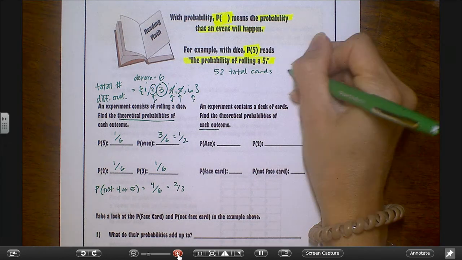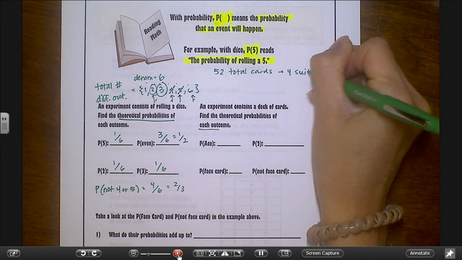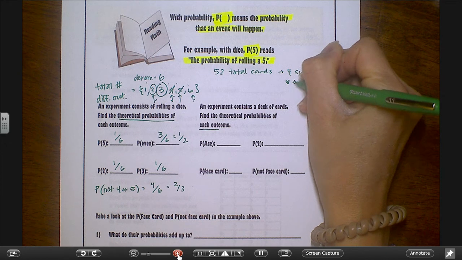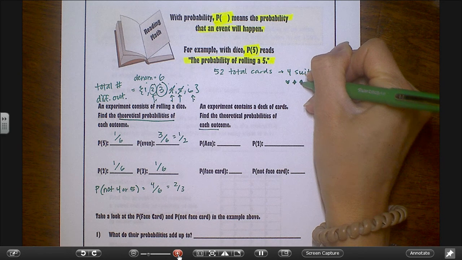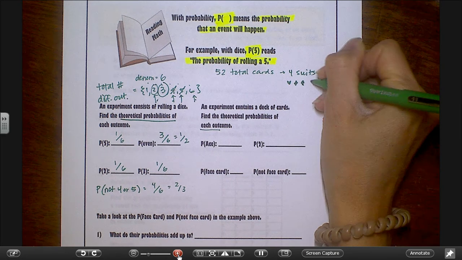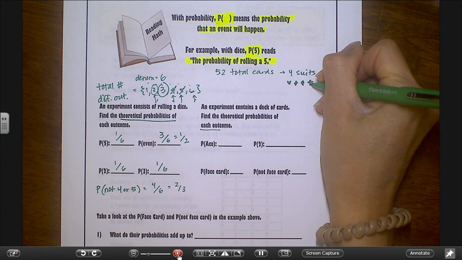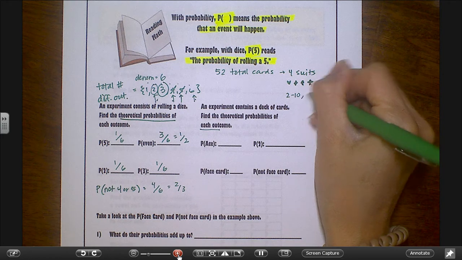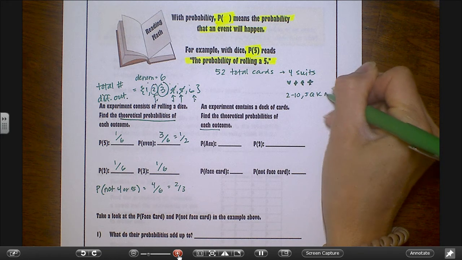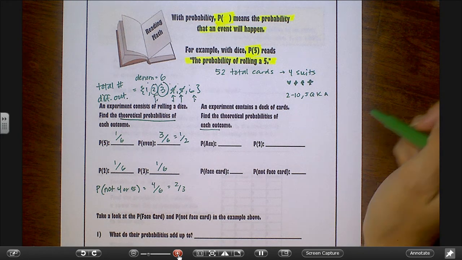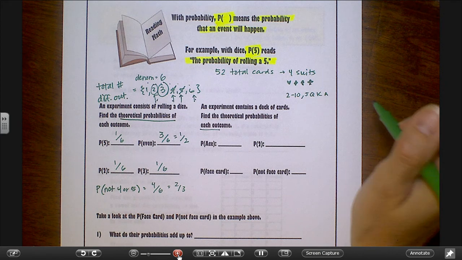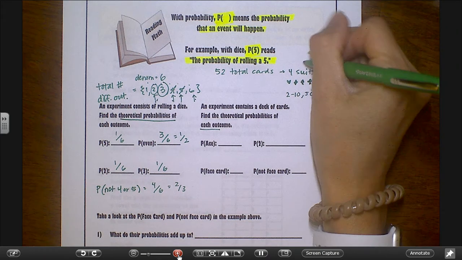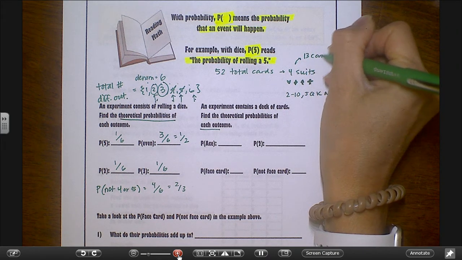There's 4 suits, meaning hearts, diamonds, spades, and clubs. Each of those has 2 through 10, Jack, Queen, King, Ace. So there's 13 cards in a suit. All right, so 4 suits, 13 cards per suit.